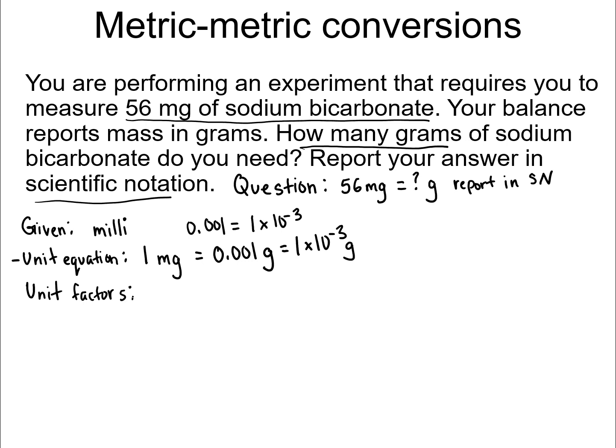For unit factors, I'll give you maybe a minute to write those down before I do. So take a second and try to write down those unit factors from our unit equation, which we'll use: 1 milligram is equal to 1 times 10 to the minus 3 grams.